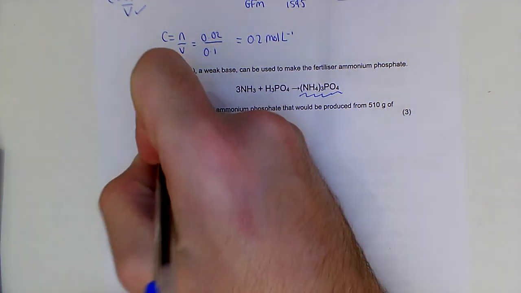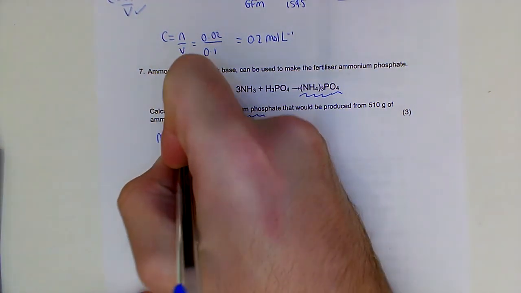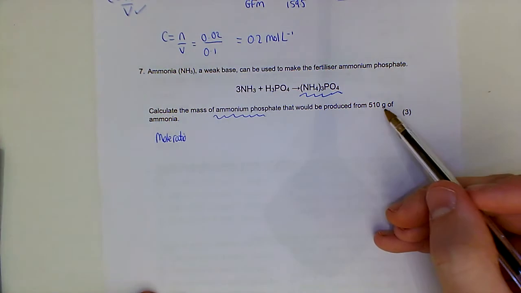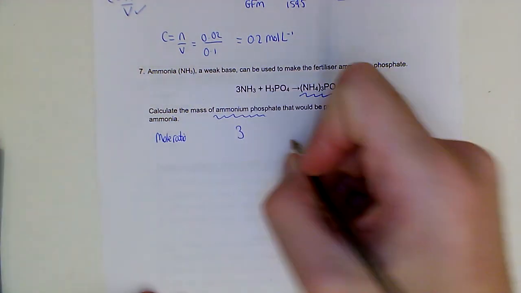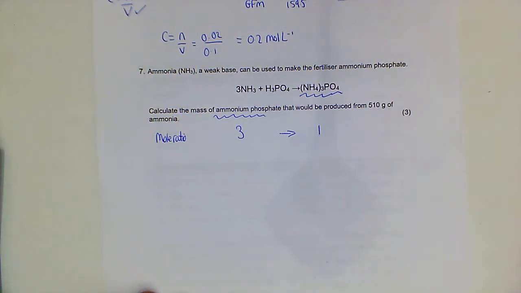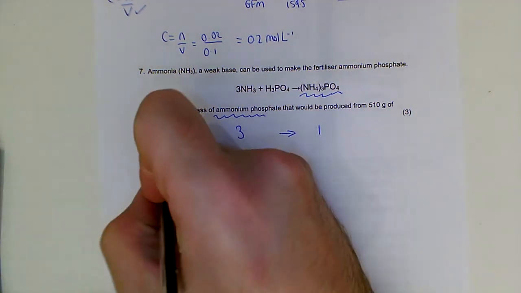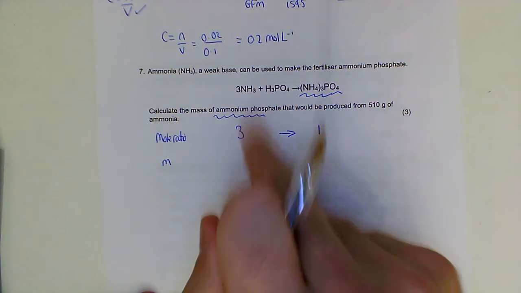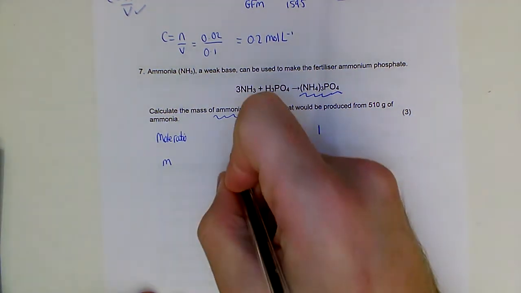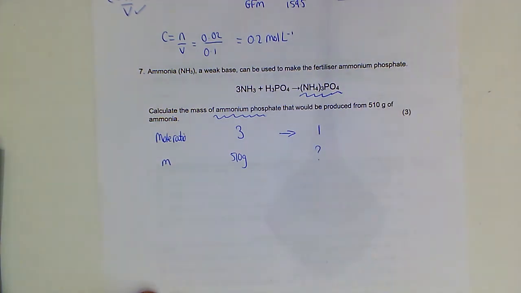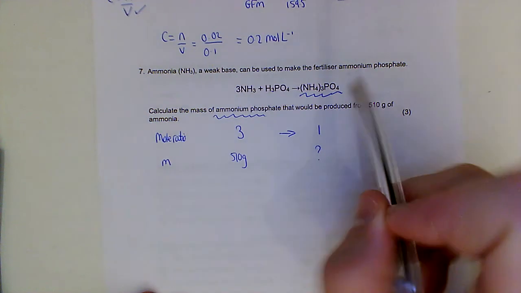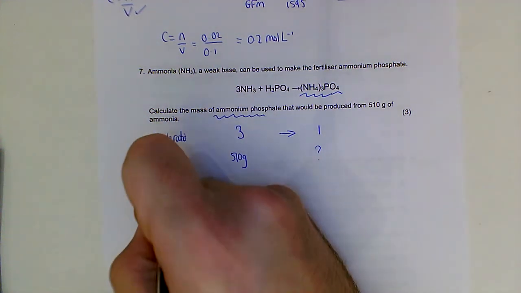And so I'm going to start with the mole ratio, because it's asking me to use the mass of ammonia to work out how much of this. So I have 3, and that's going to 1. So mass. I know the mass of ammonia is 510 grams, and that's what I've been asked to calculate for this one. I've got a formula and a formula, so I can calculate GFM.